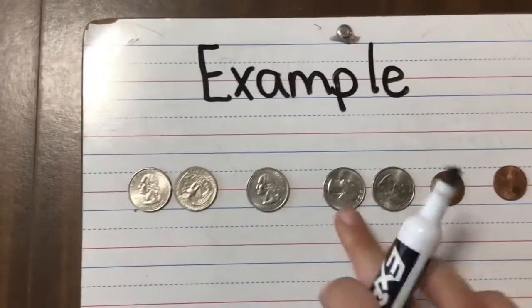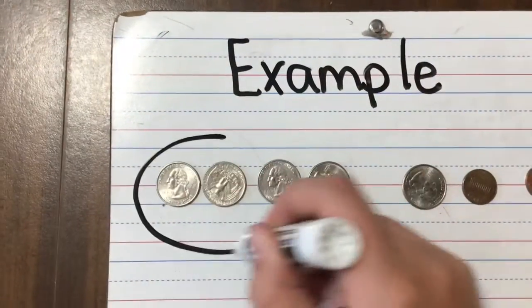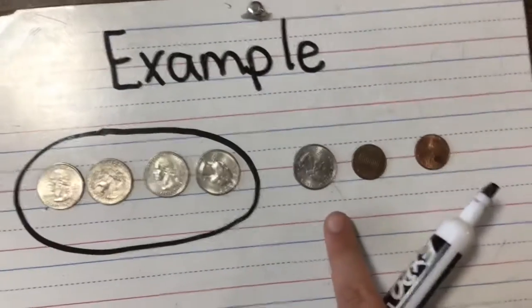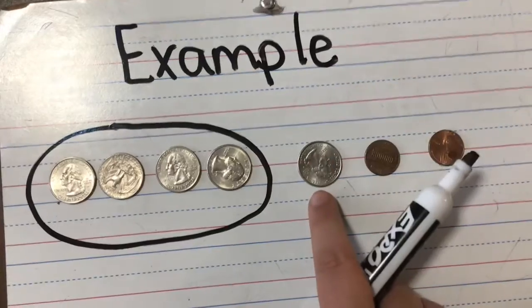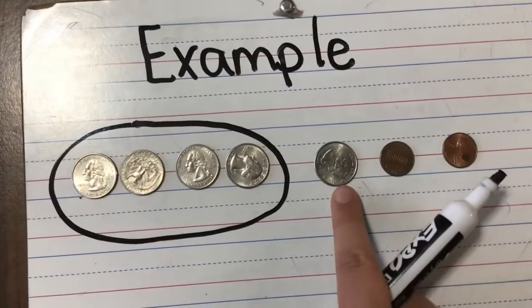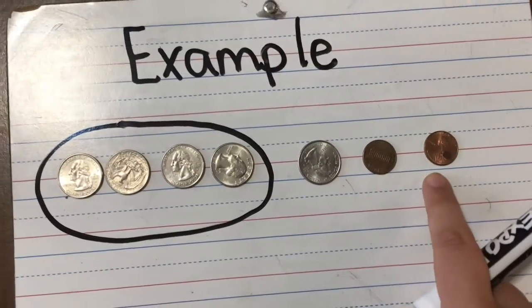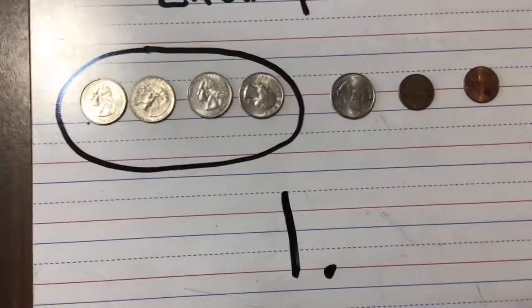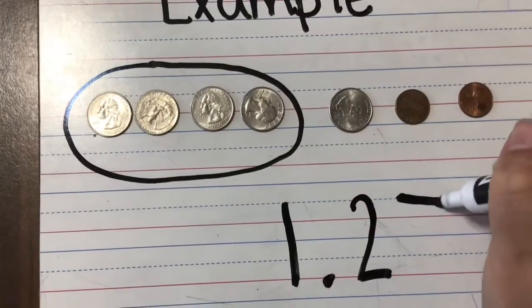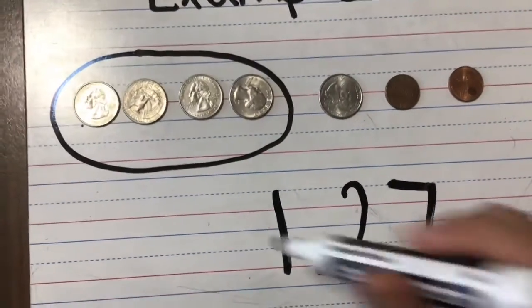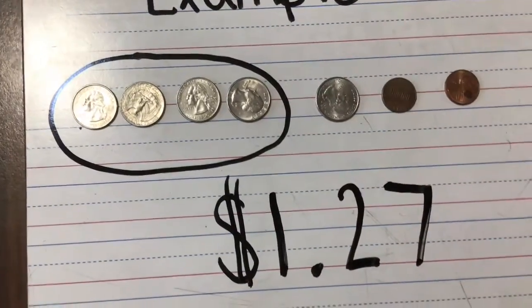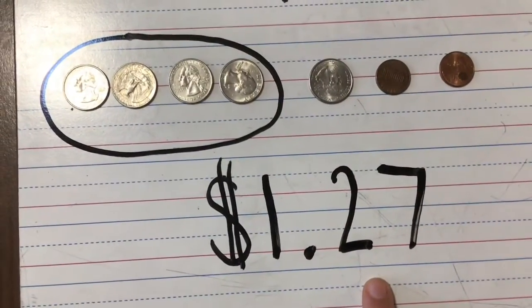I'm going to circle $1. Now I can start all over again with 25. 25, switch, 26, 27. So I have $1 and 27 cents. I also need to put the dollar sign in front. $1.27.